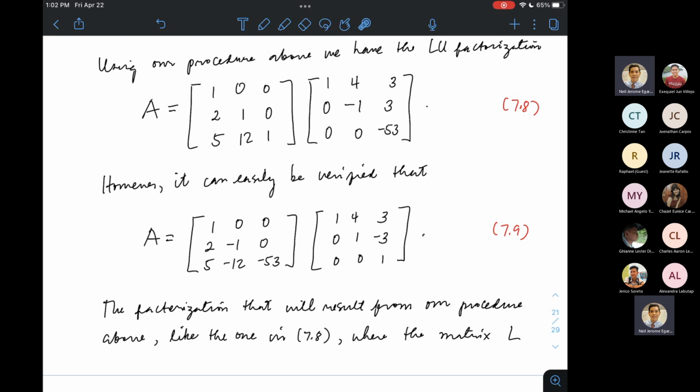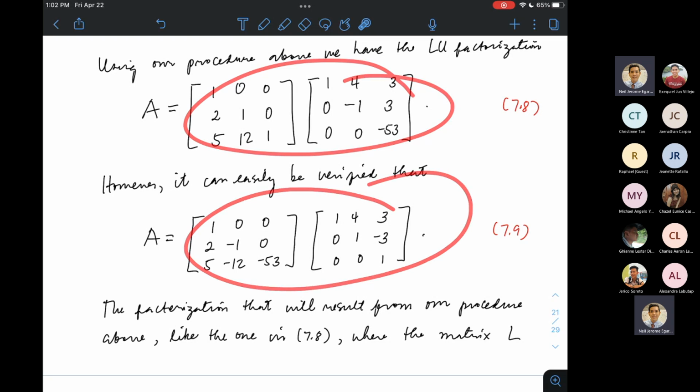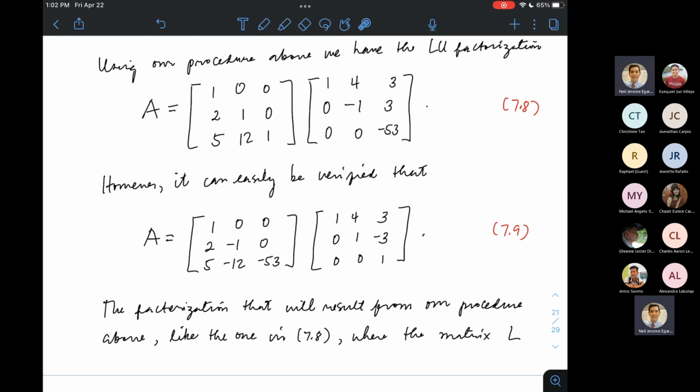But it doesn't matter, even if you have two different LU factorizations, you are guaranteed to get the same solution to the system. Kahit ito yung gamitin mo or ito yung gamitin mo para i-solve si AX equals B, walang problema. Okay?